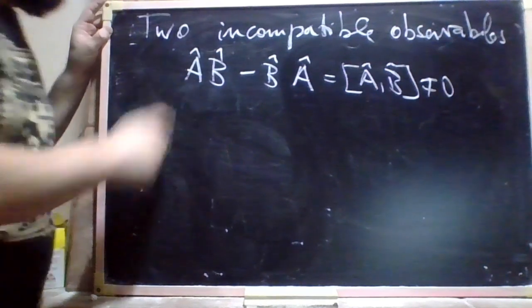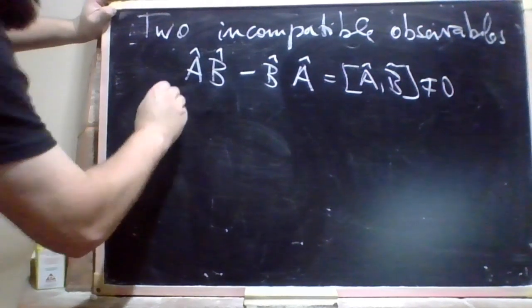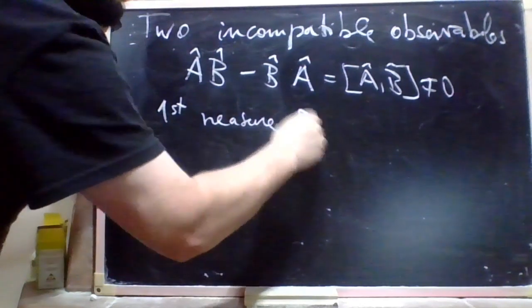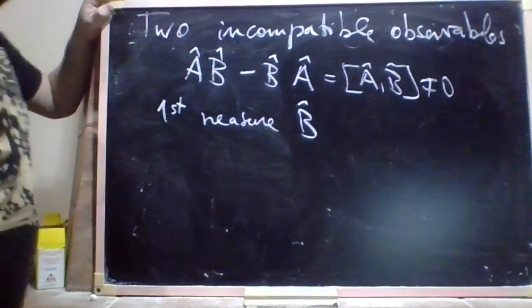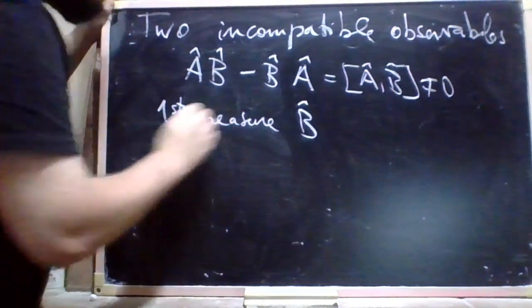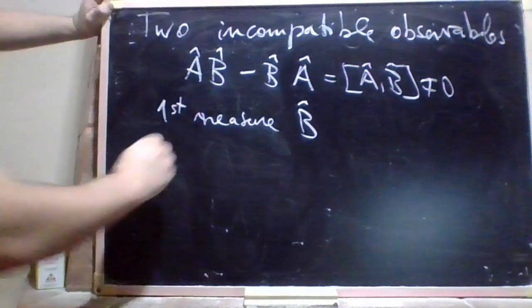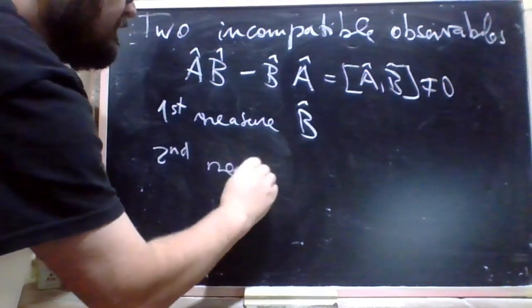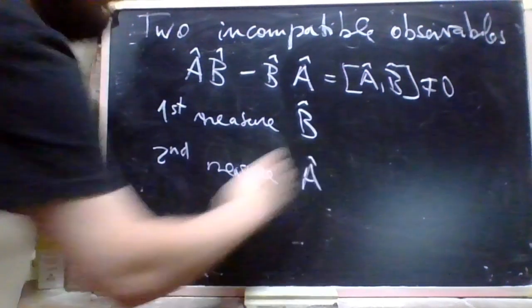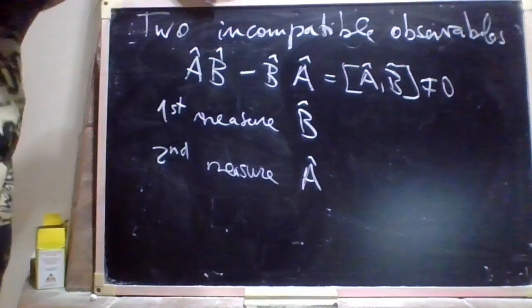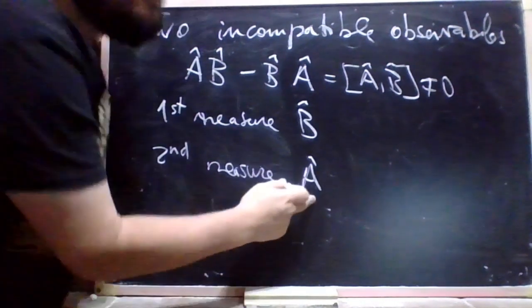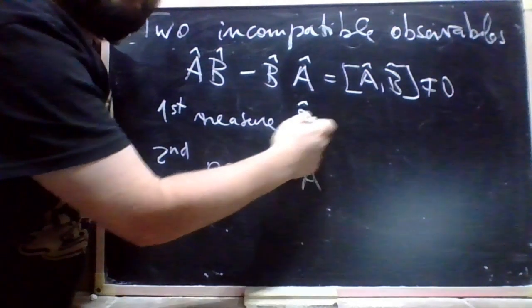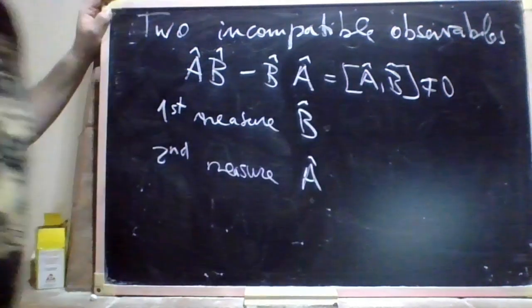So, if you measure B first, get some result of the measurement, right? And second, measure A. If they are incompatible, when you apply the second operator, you will destroy the information you get from the first measurement. All right?